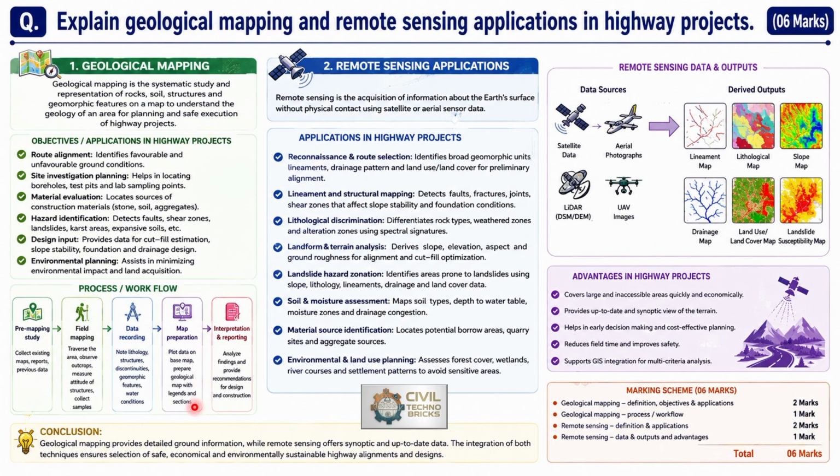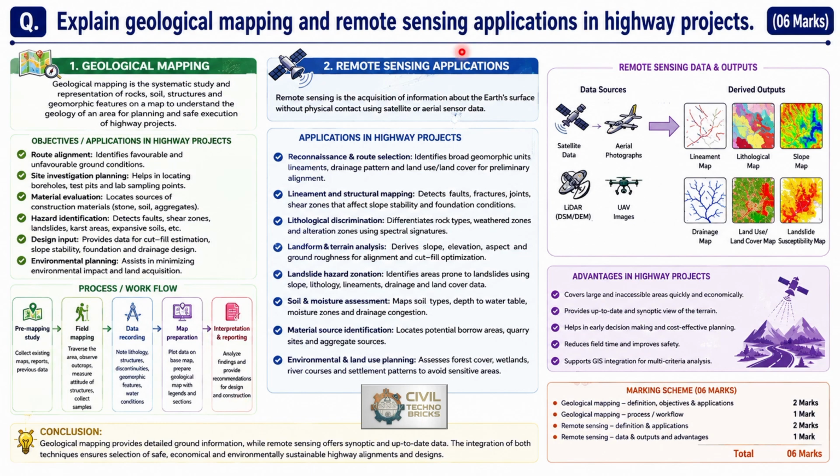After that, we prepare the map, where we plot the data on the base map and prepare a geological map with legends and sections so that we can analyze that map for further studies. And at the end, the geological mapping is completed with interpretation and reporting, where we present the analysis findings and provide recommendations for design and construction activity which will commence in the coming future with reference to environmental and geological conditions.